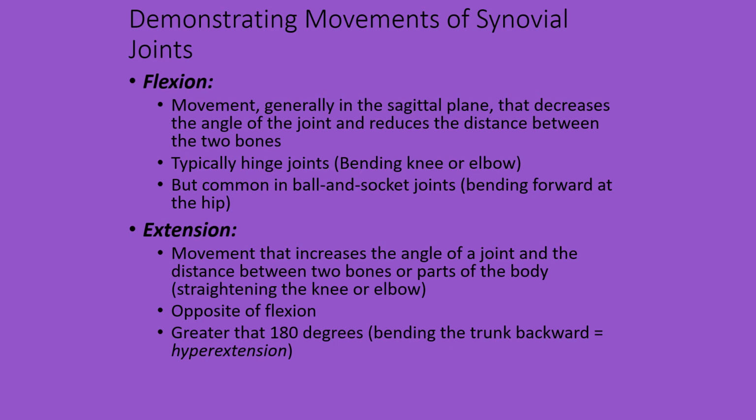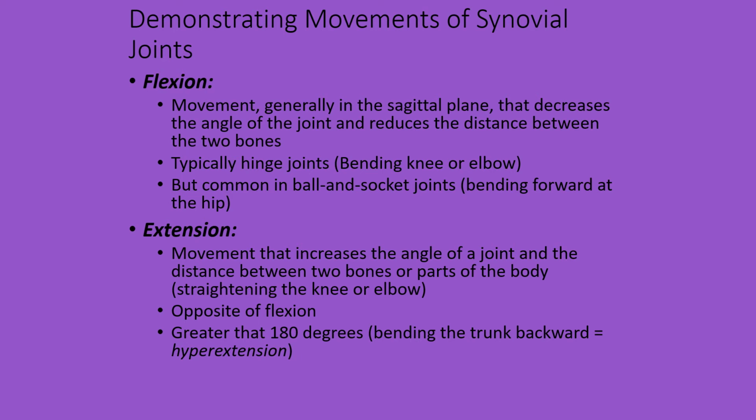In other words, like flexion and extension are paired up. Flexion is where you have the movement, usually in that sagittal plane, that's decreasing the angle of the joint. So you're reducing the distance between the two bones. But extension is going to be the opposite of that. So flexion would be like bending the knee, but extension is straightening the knee out.